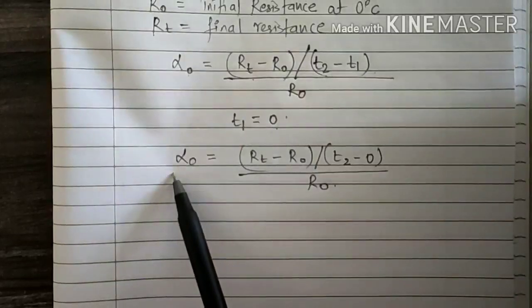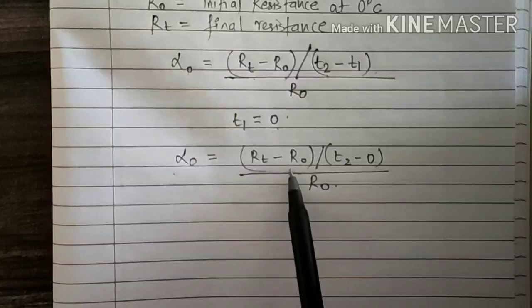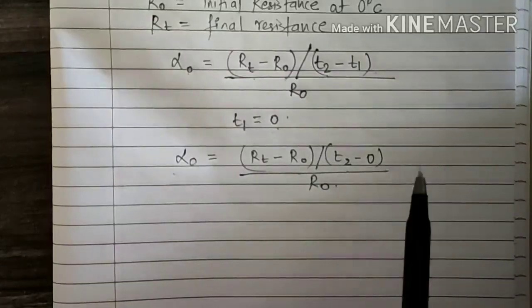Then what will be my TCR at initial resistance? It will be RT minus R0 upon T2 minus 0, upon R0.